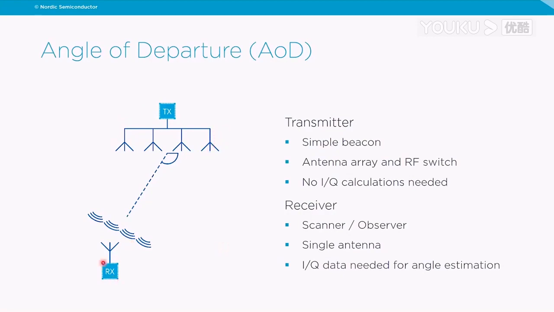And then the receiver can scan these signals at different times and calculate the IQ data of the departed signal, or the angle of the departure signal. So the receiver only needs a single antenna, but it has to calculate the angles.